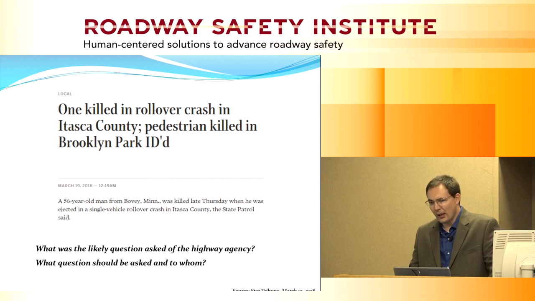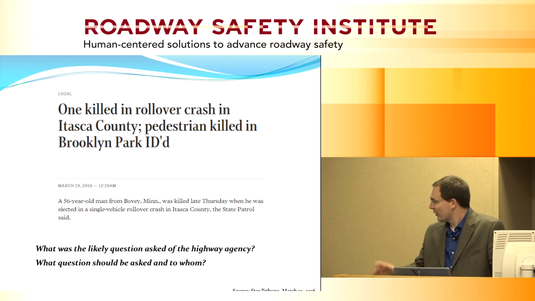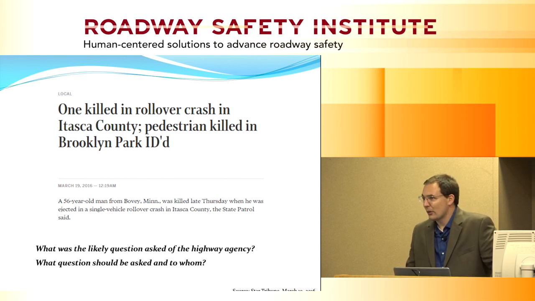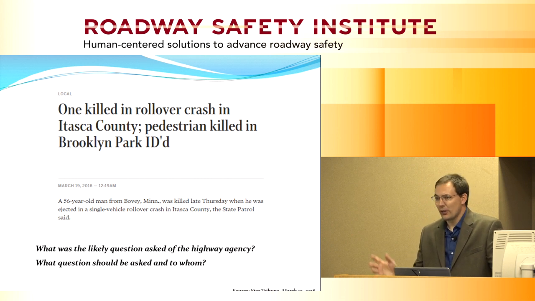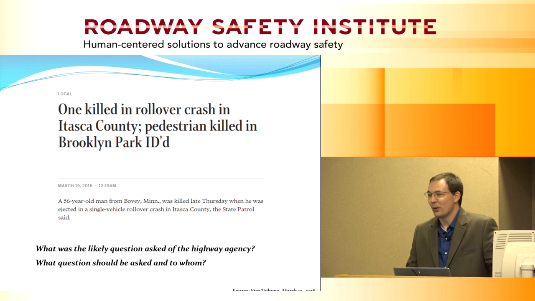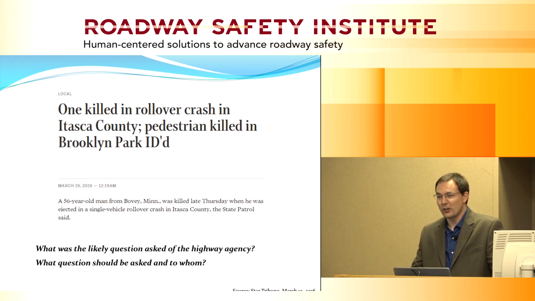On just these two bottom questions, if somebody wants to blurt this out, that's fine: what question was likely asked of the highway agency immediately after, or some short time after, these fatal crashes occurred? Does anybody have any thoughts of what question that highway agency might have received? Any thoughts? Was the driver buckled? Okay, maybe some causal factors.